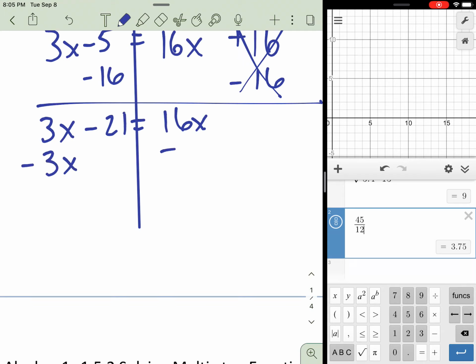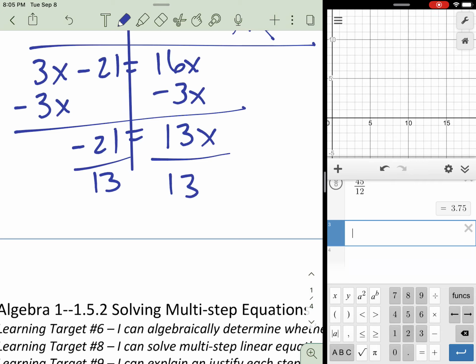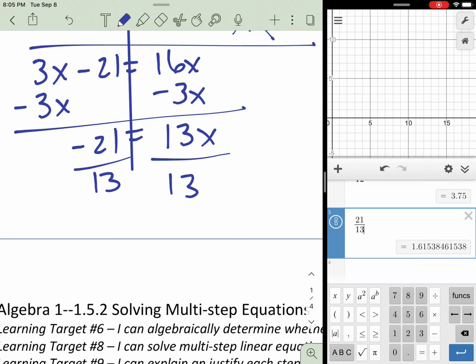So since it's positive 3x, I'm going to subtract 3x. Okay, and now I'm going to divide by 13. So this is a weird number. Let's see, 21 divided by 13 is 1.61, etc. So about 1.62.